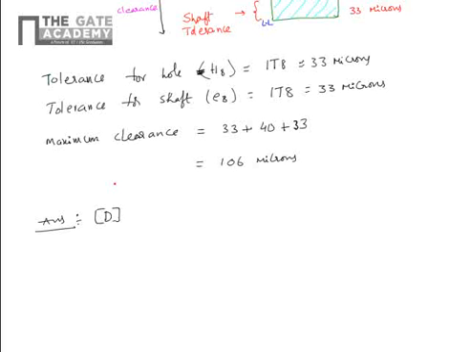If it is minimum clearance, then it is 40 microns. Minimum clearance equal to 40 microns, which is called the fundamental deviation of shaft. That is the minimum difference between the shaft and hole. This is a simple question. Questions will be like this only.